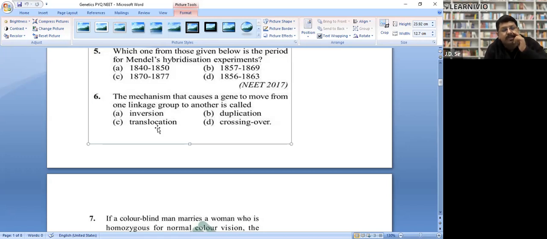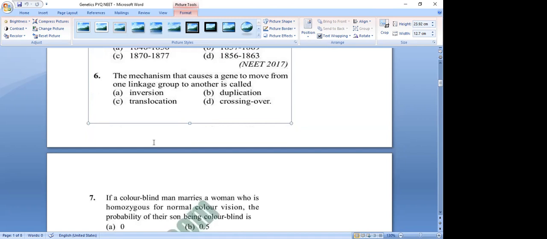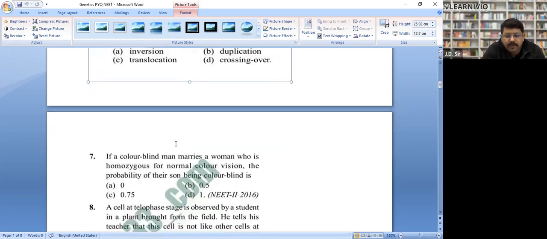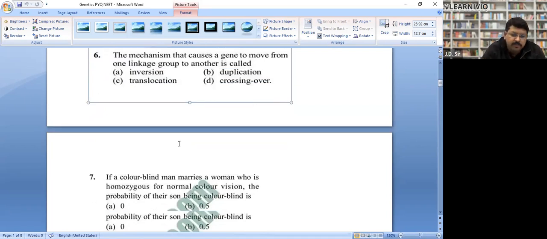Right, translocation is the answer. Very good, you have studied well, Maimuna. I am impressed with that. So translocation must be clear to you. Translocation, duplication, inversion, crossing over, all points clear? Yes. Fine. In the meantime, if you don't know any term or any process, you can ask me, right?